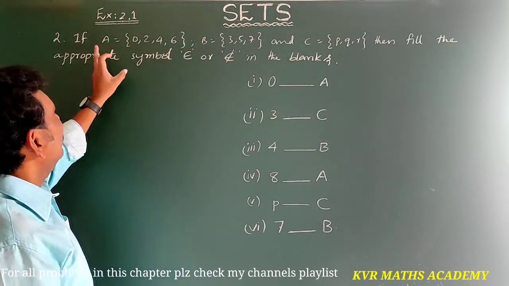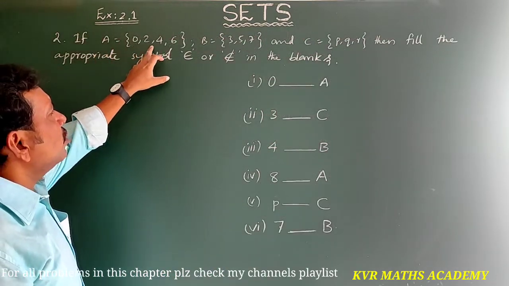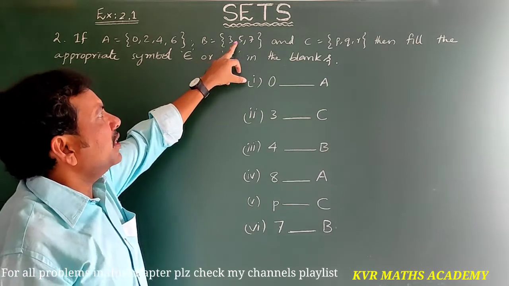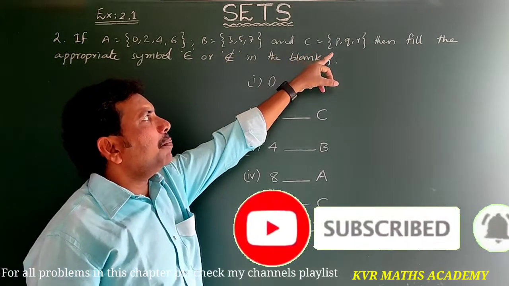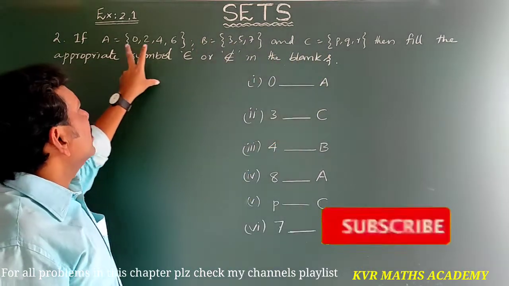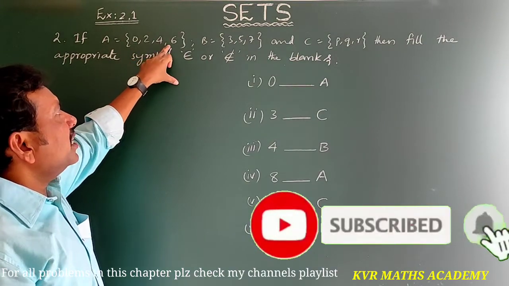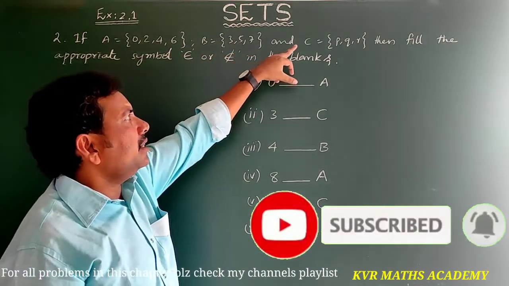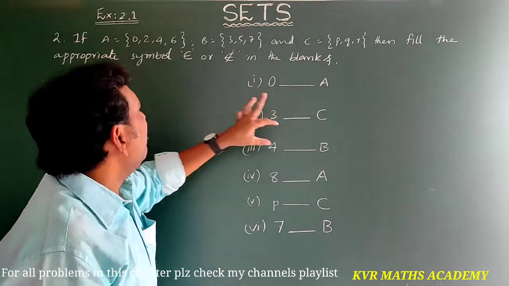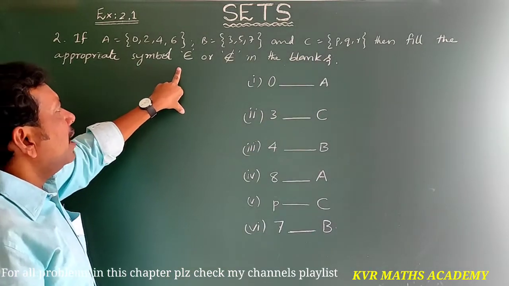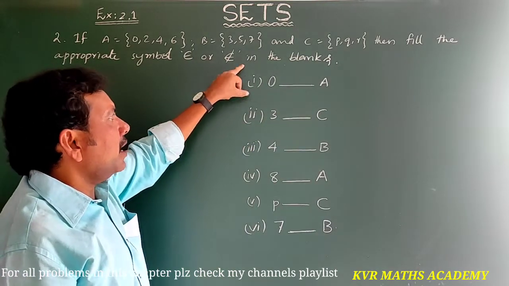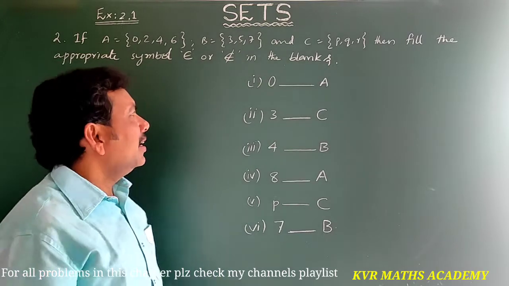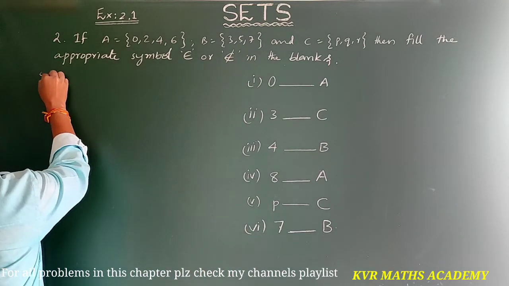Next, second question. If A is equal to {0, 2, 4, 6}, B is equal to {3, 5, 7} and C is equal to {p, q, r}, then fill in the appropriate symbol, belongs to or does not belong to, in the blanks. Let us do the solution.